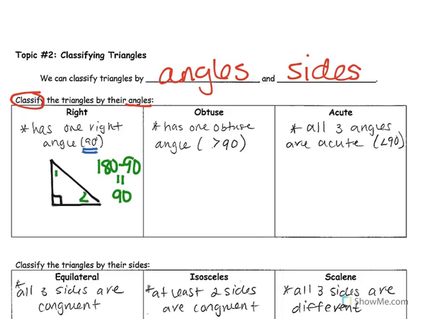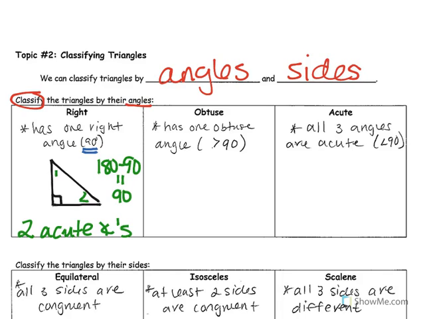That means that angle 1 and angle 2 must add to 90 degrees, which means that they have to be acute. So they could be something like 30 and 60. They could be 45 and 45. But what we know is that we have two acute angles. Okay, so a right triangle will have one right angle and two acute angles.